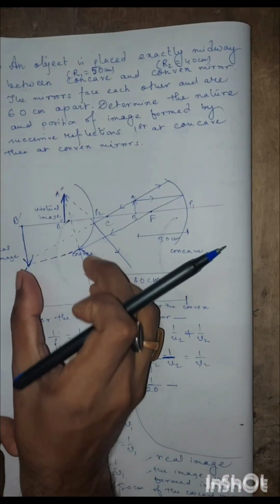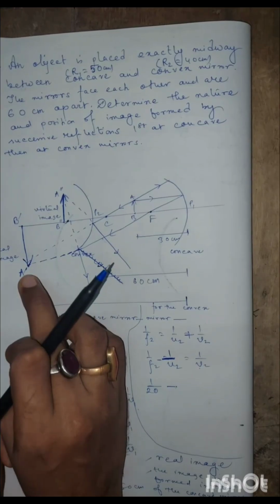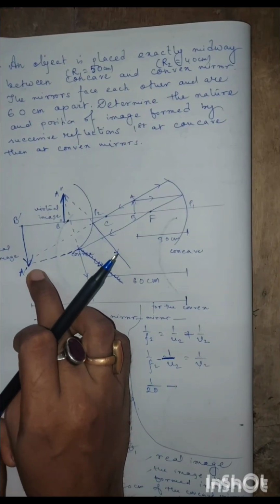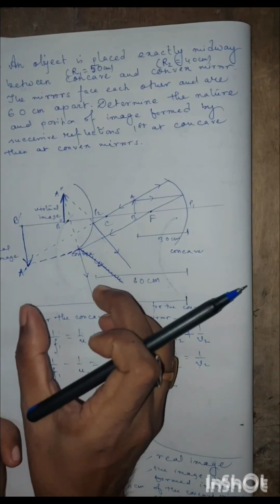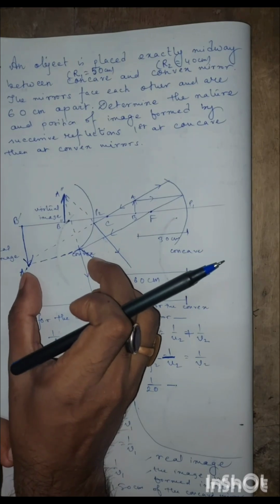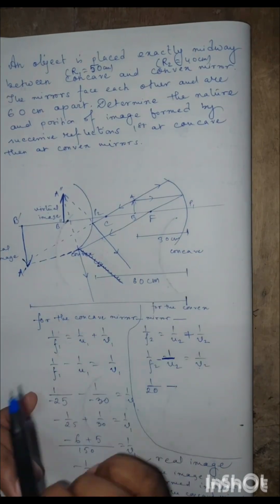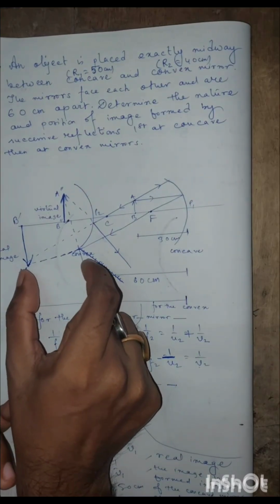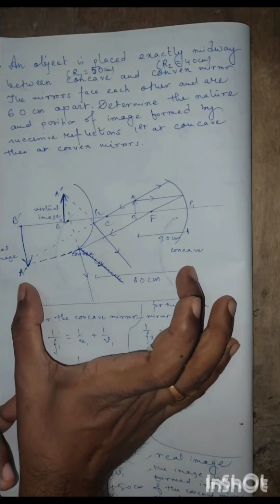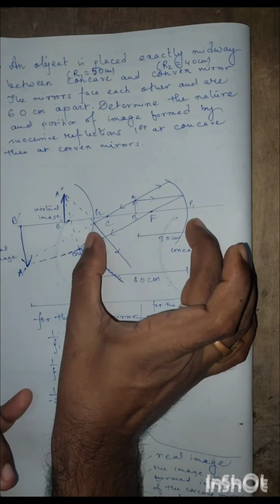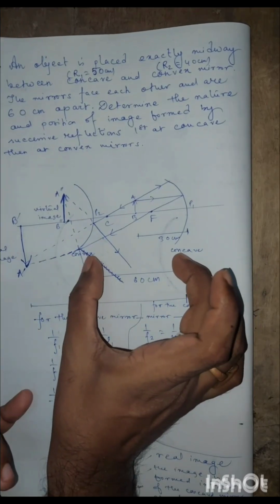So this is our virtual object. Now the first image acts as the virtual object. So the object distance will be, this is 150 and this is 60. So 150 minus 60.